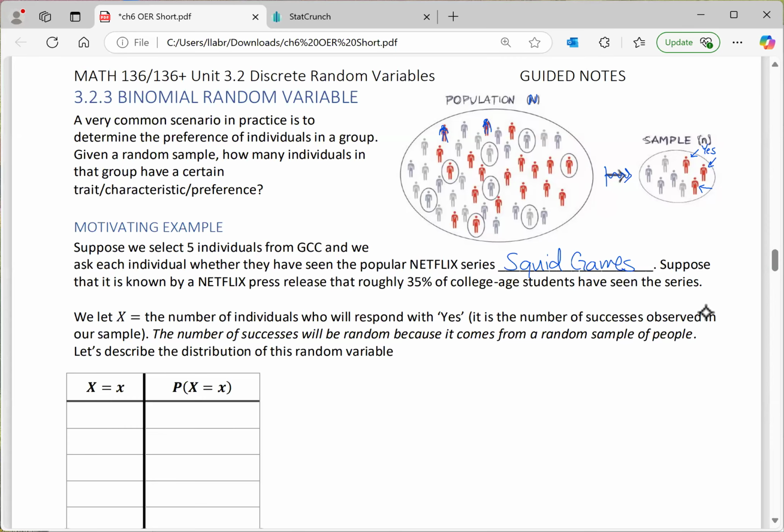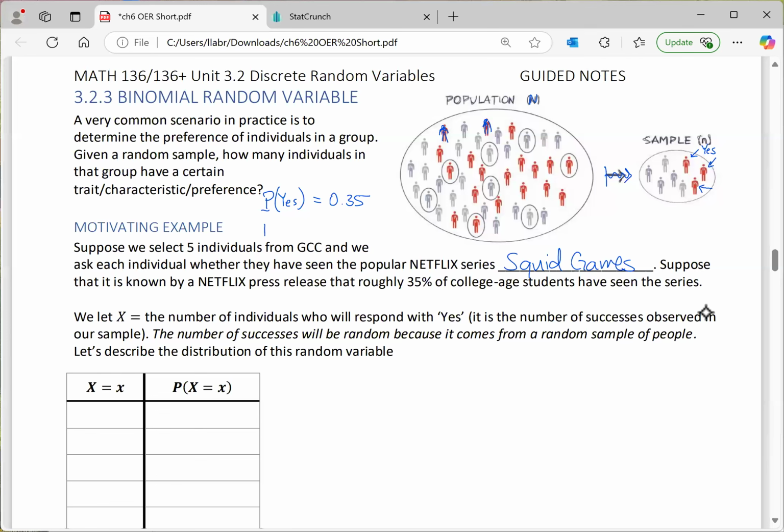They're going to reply with yes or no. Now, according to Netflix, the probability of them saying yes, they've seen it, is 0.35, because there should be 35 individuals for around every 100 individuals that have seen this show.